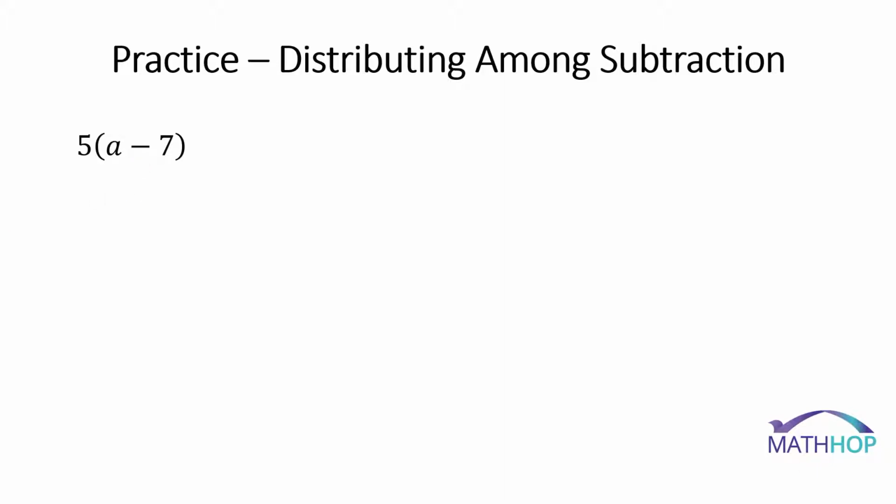So I want you to think of it this way. 5 times a, and then look at your signs. This is a 5, this is a -7. We can think of this as a plus -7. So if we say 5 times a, and then 5 times -7, and we add those products, we will not forget our sign. So 5 times a plus 5 times -7 gives us 5a minus 35.